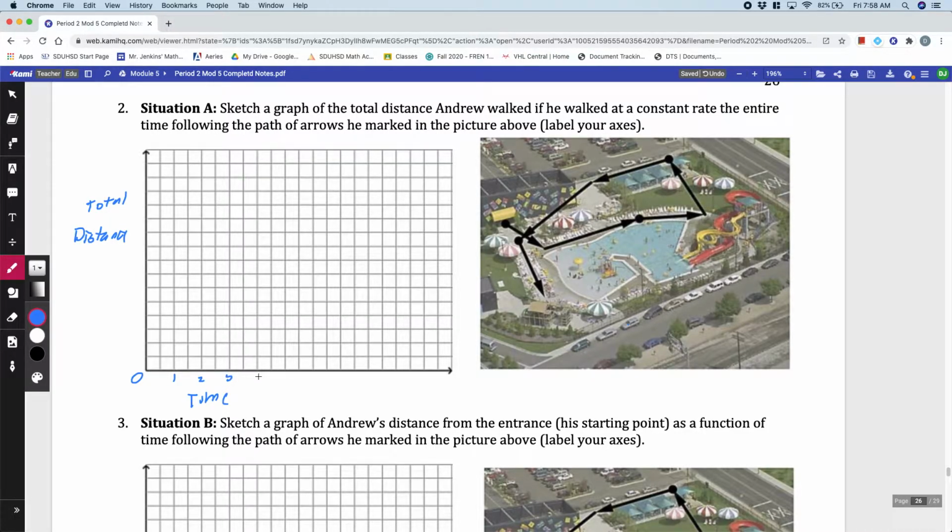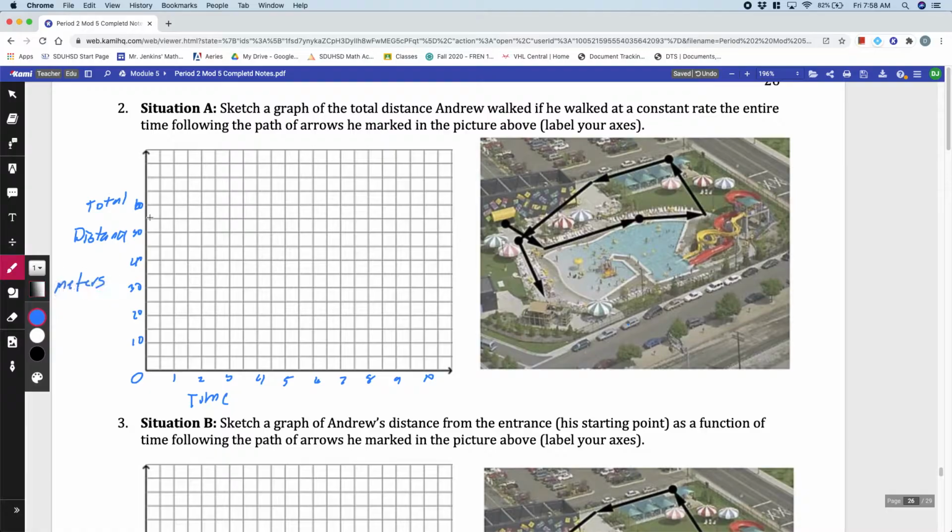Up to 3, 4, 5, 6, 7, 8, 9. We'll go up to 10. And then, how far is he traveling? Is he traveling feet, meters, and so on? We'll go meters. And we can just go up by 5. So 10, 20, 30, 40, 50, and so on.